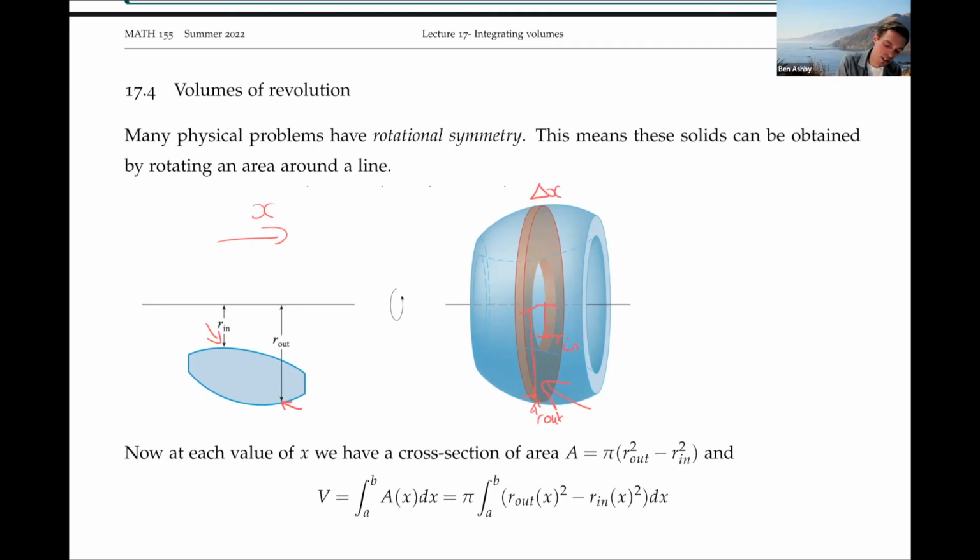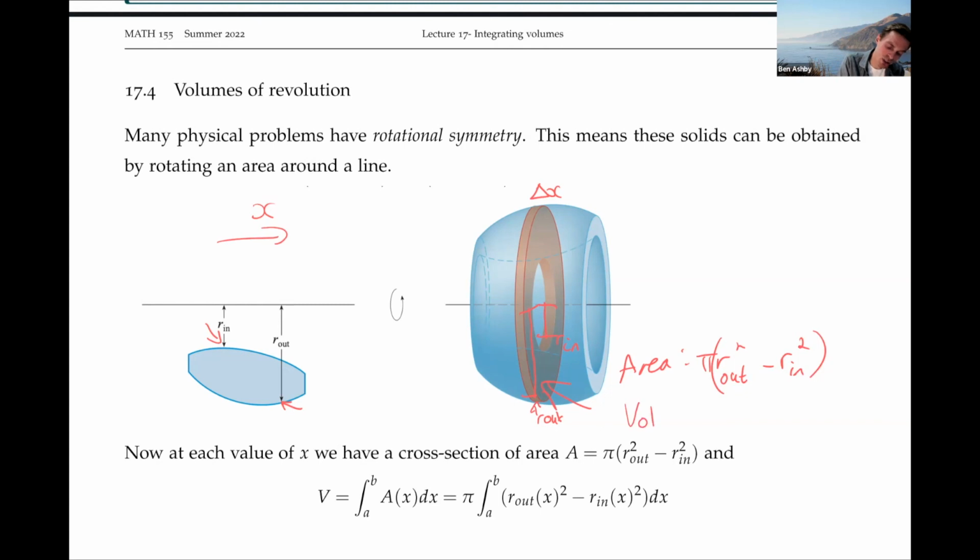And this disk, if we just focus on the cross section, it has area pi times r out squared minus r in squared. So that's just working out the area of that disk if we just look at it head on.